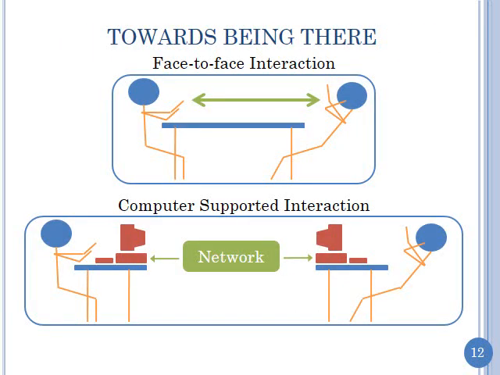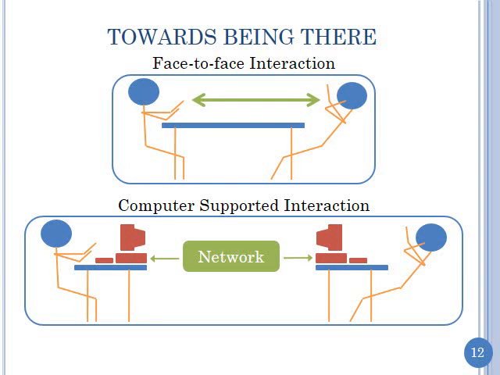Now, the being-there goal is an interesting goal, but it's kind of a depressing goal. The reason is that you look at the lines I've drawn here. The line between the users here is very thick. The line between the users here is very thin. What's that saying? It's saying that computer-supported collaboration will always have less bandwidth, if you will, than face-to-face.